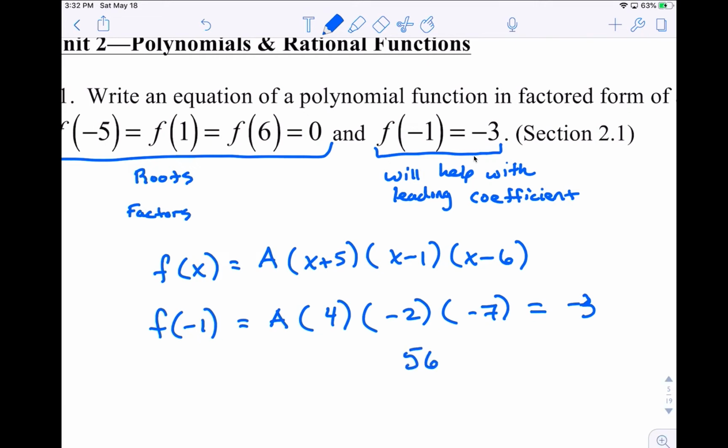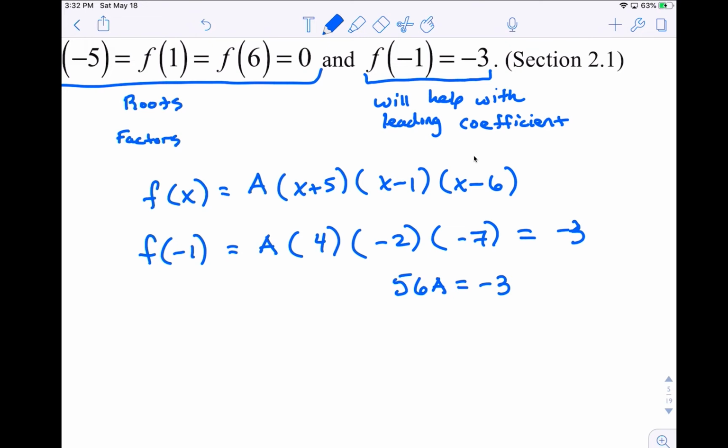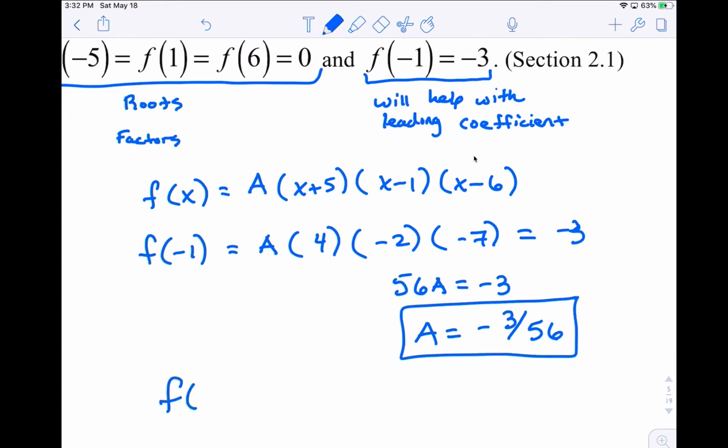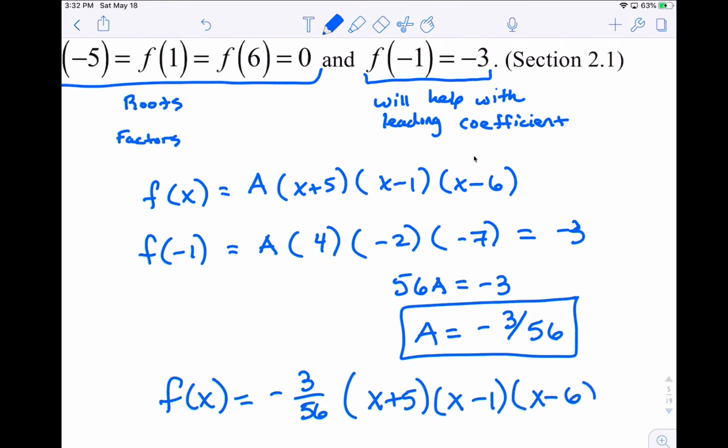So 56a equals negative 3. So a is negative 3 over 56. Okay, so my final answer now is negative 3 over 56 times x plus 5, x minus 1, x minus 6.